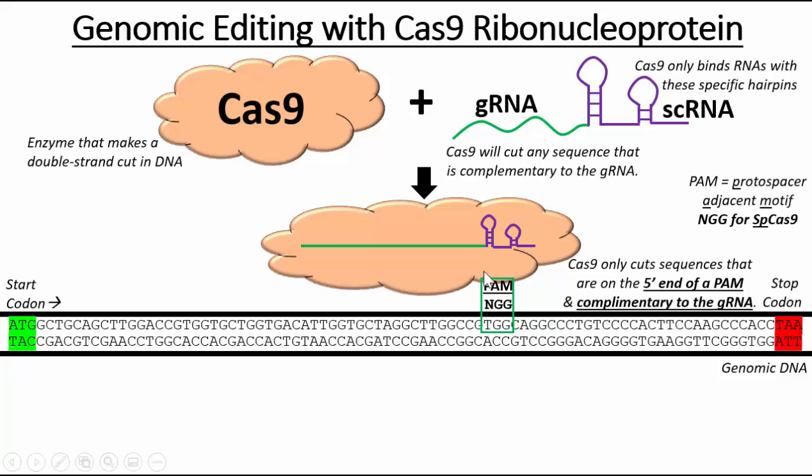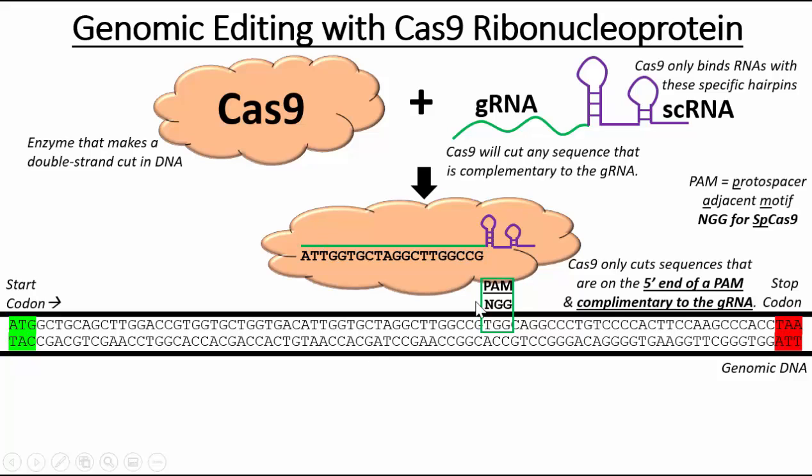If I want Cas9 to cut in this location, then I start at the PAM and I copy 20 bases on the 5' end of that PAM. And that will be the sequence of my guide RNA here. You can see here the PAM, TGG, and then I've copied G, C, C, G, G, so on and so forth, down to the 5' end of that gRNA.